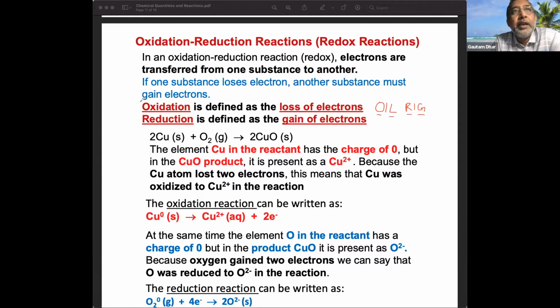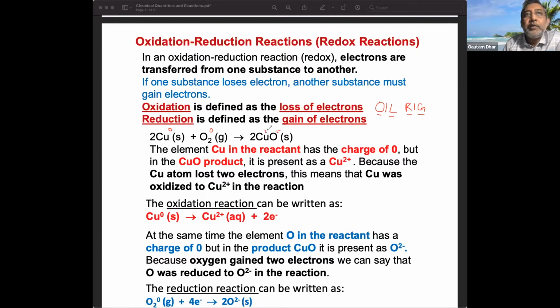Now, if you look at this reaction, copper plus oxygen to give copper oxide, you have to basically see what is happening. Copper was 0. 0 means elemental state, no charge. Oxygen in the elemental state is 0, no charge. Now if you look at this compound CuO, oxygen is 2 minus and copper is 2 plus.